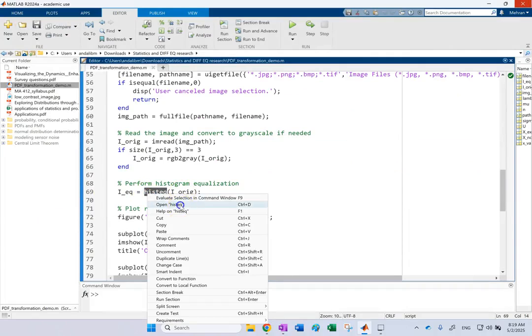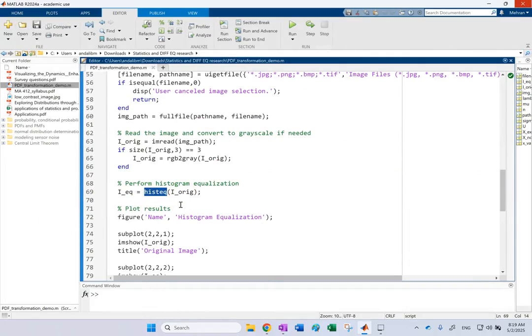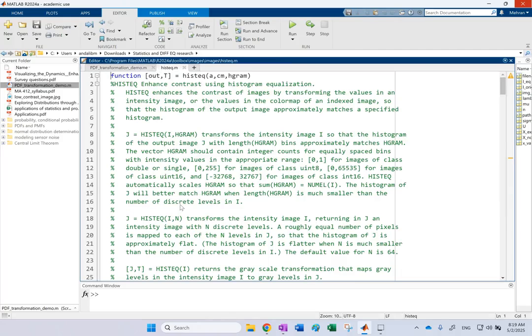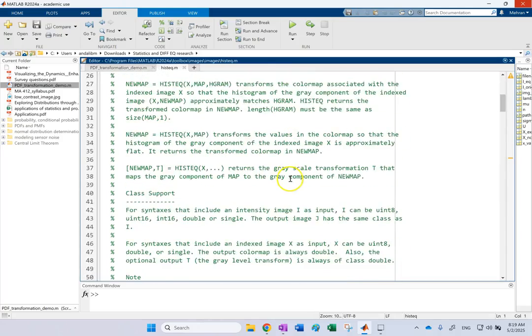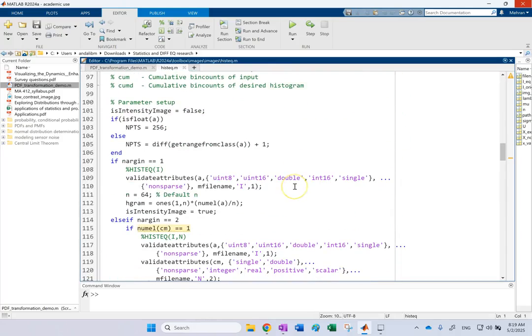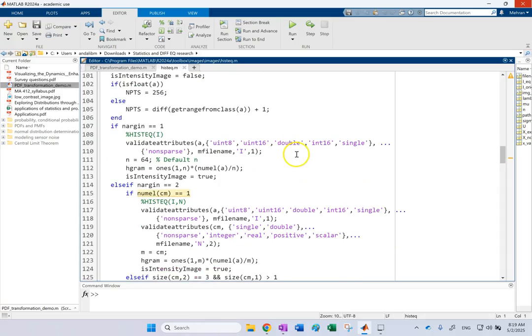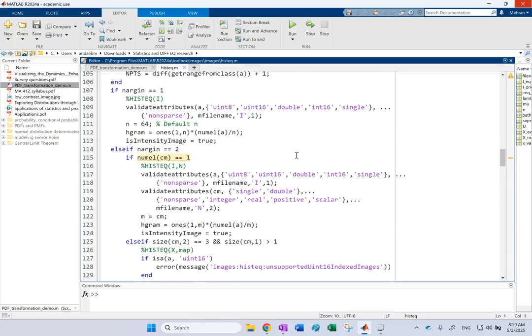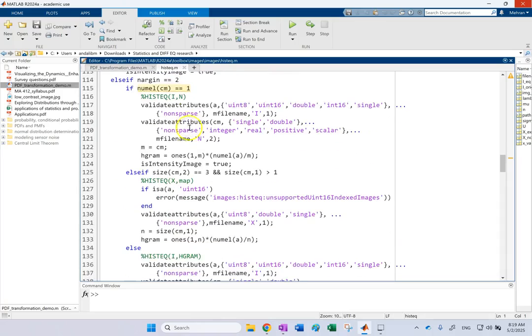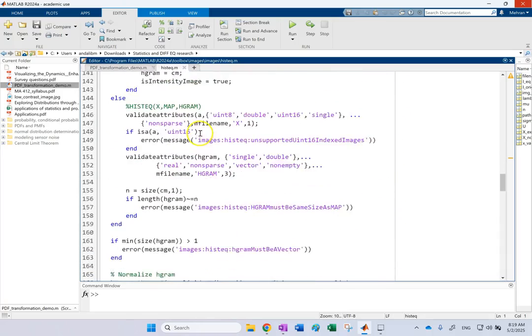I don't know if I can show you the details of that. Let me see if I can open it for you and show you the result. But there we go. Basically, all this function does is exactly the same thing. If you look into this, of course, initially you have lots of checks and everything.